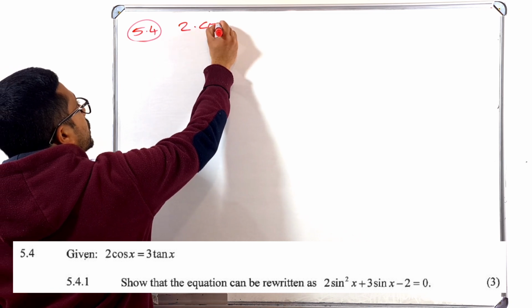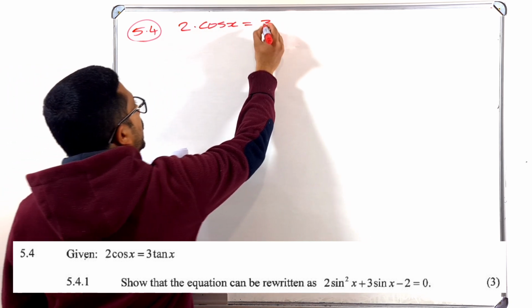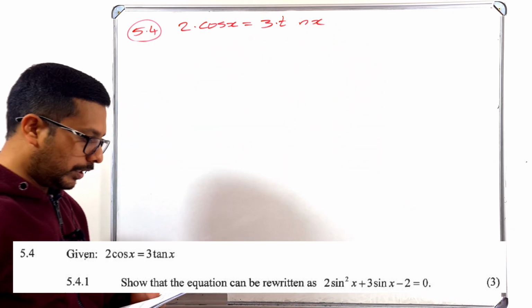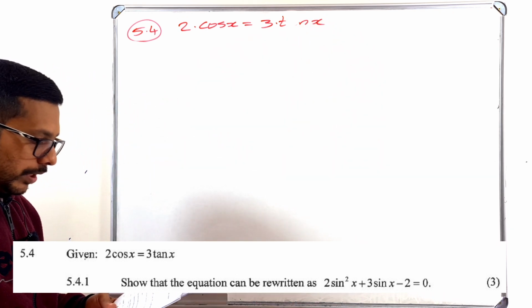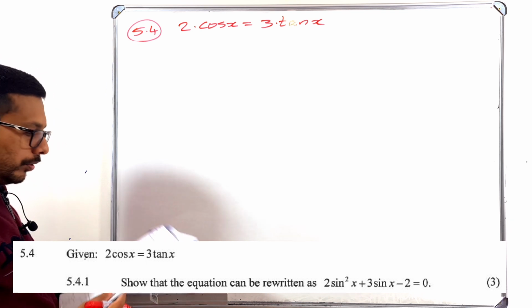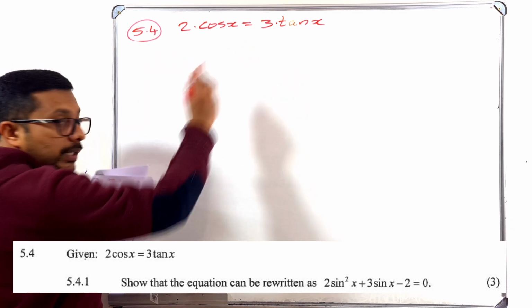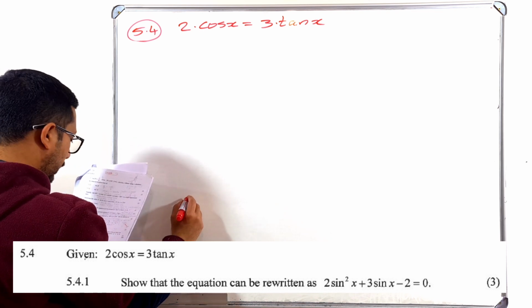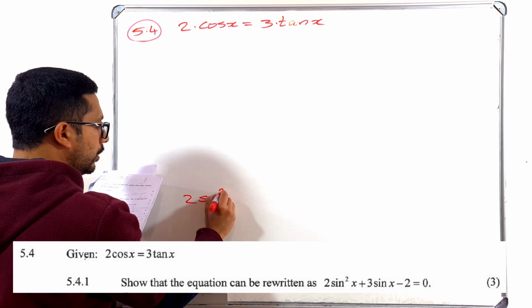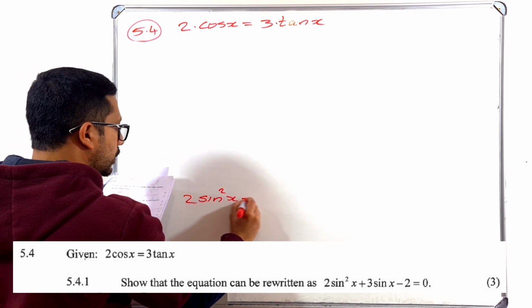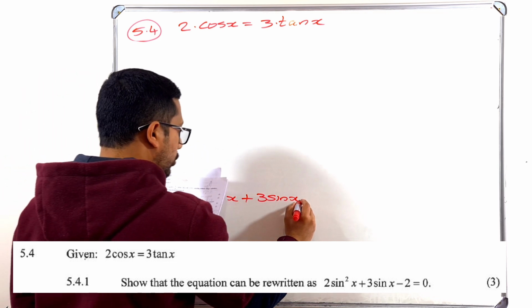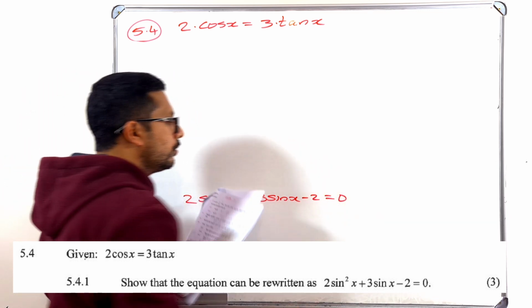First question: show that the equation can be rewritten as 2 sine square x plus 3 sine x minus 2 is equal to 0.